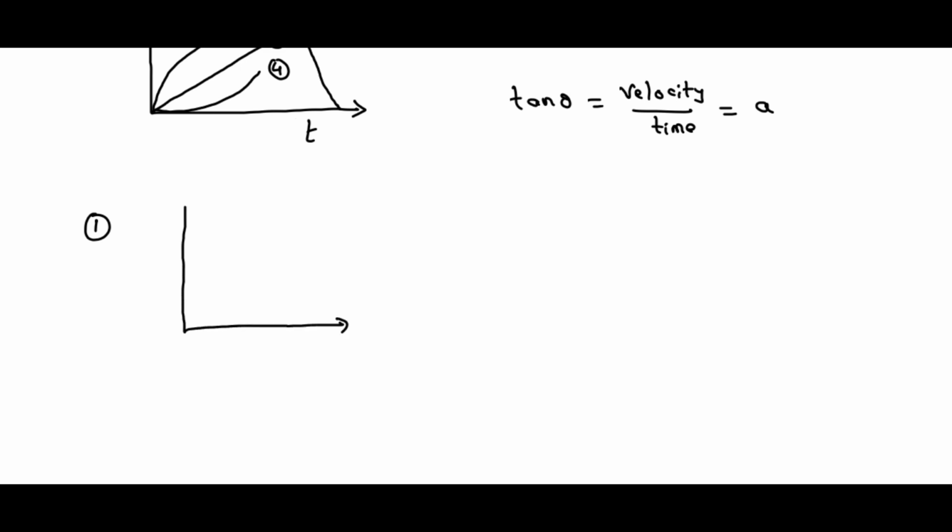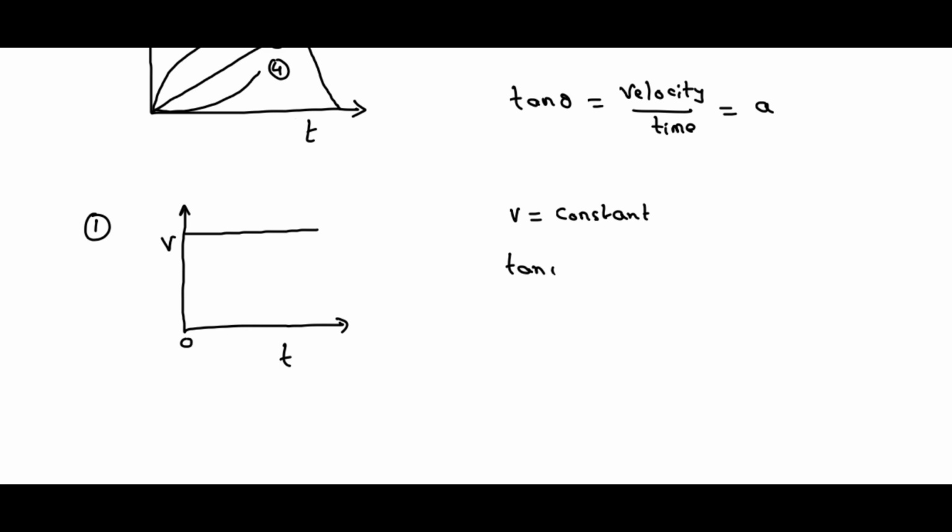Suppose the VT graph is like this, that is, a straight line parallel to the time axis. That means at each and every time the velocity of the body is the same. That means V is constant.